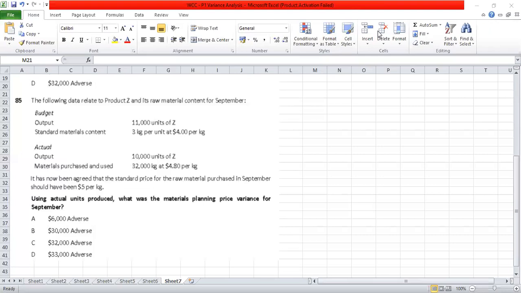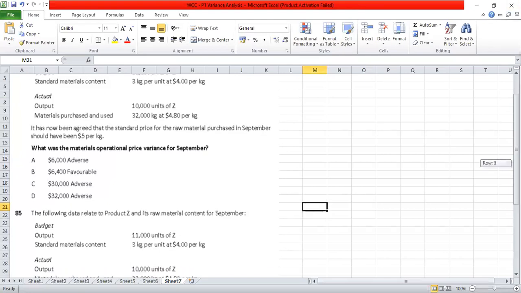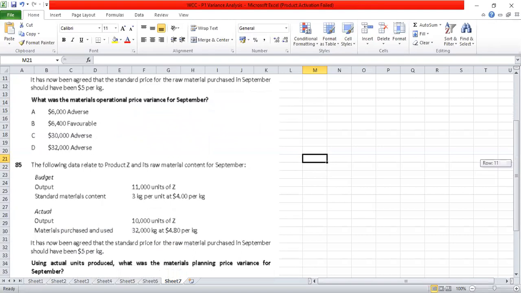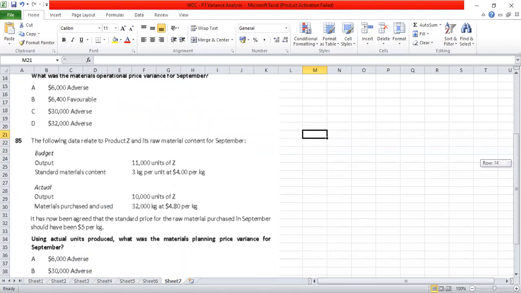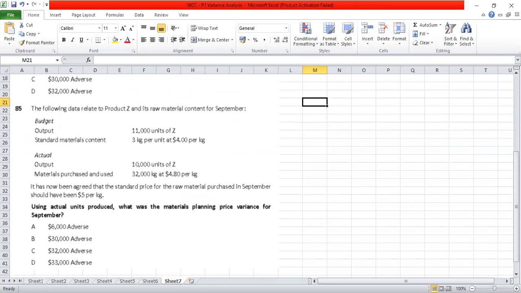It has now been agreed that the standard price for the raw material purchased in September should have been $5 per kg. Using actual units produced, what was the materials planning price variance for September?